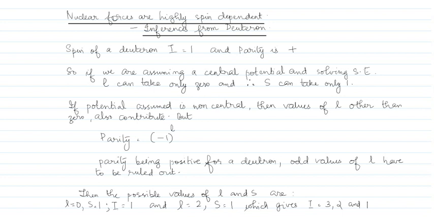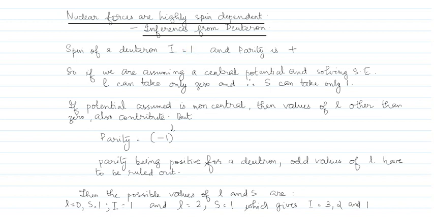So we have to rule out all odd values of L. Only even values of L can be considered as per this relation if parity is to be positive in the case of a deuteron. Now we also have a restriction for the different values that L can take because I can take only the value 1.